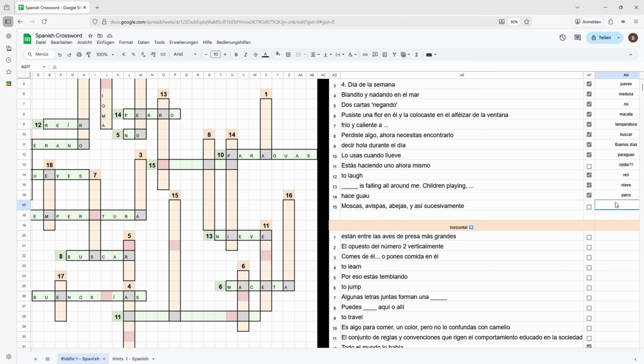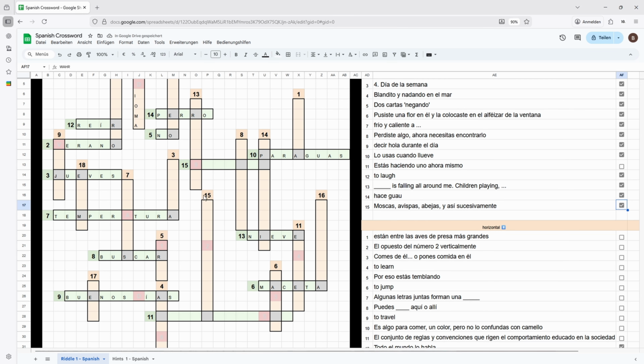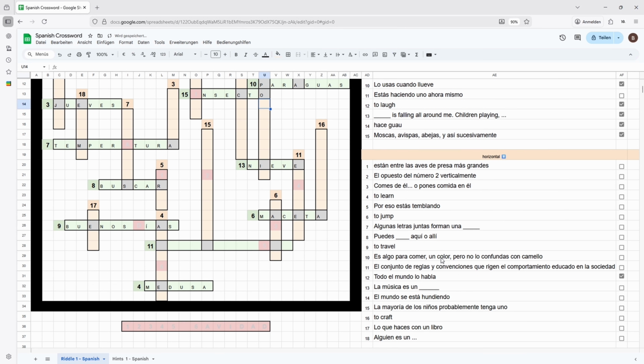That is insecto. Insecto. It fits. I take it.